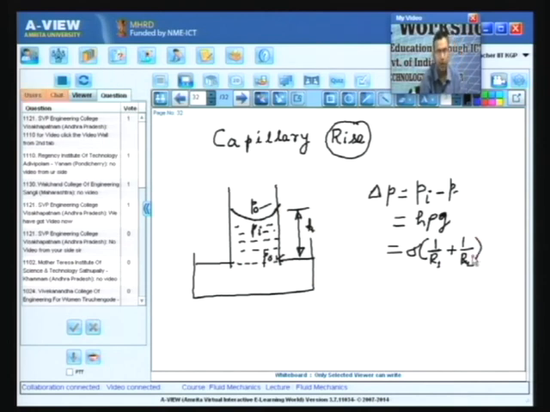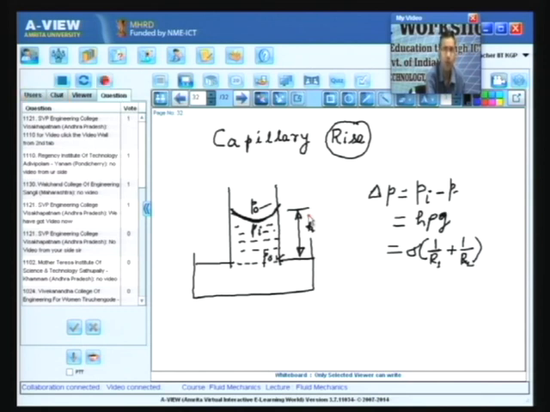Now, what is R1 and R2? It depends on the shape of the meniscus that we are talking about. So, if we consider the meniscus to be part of a sphere, that is a spherical cap, then R1 and R2 both are same, and that is the same as the radius of the sphere of which it is a part.